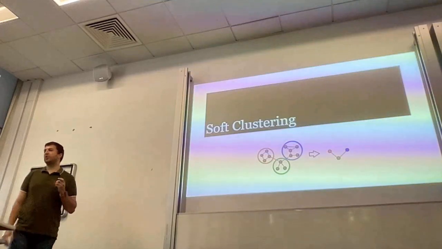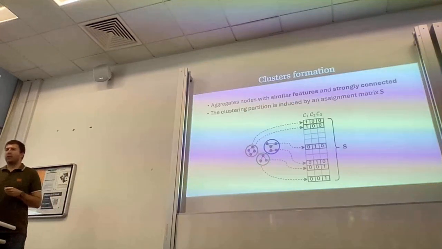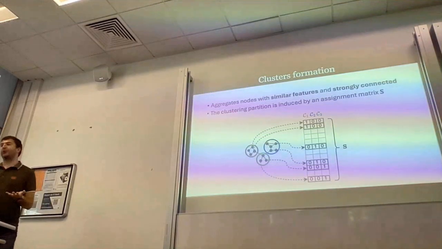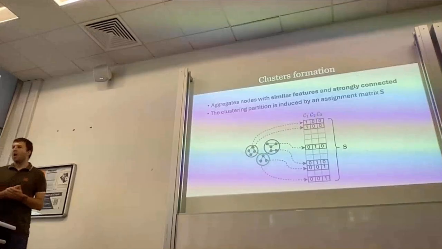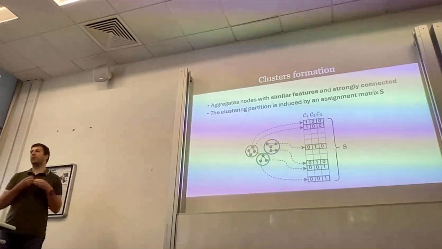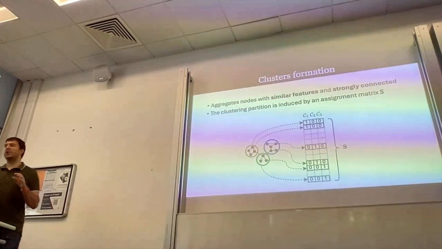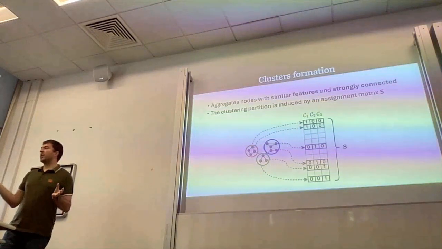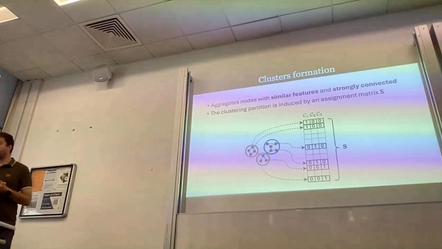Let's start with the soft clustering. At the core of those methods is the formation of those clusters. Basically, what we want to do most of the time is to form clusters by aggregating nodes which have similar features and are also strongly connected on the graph.